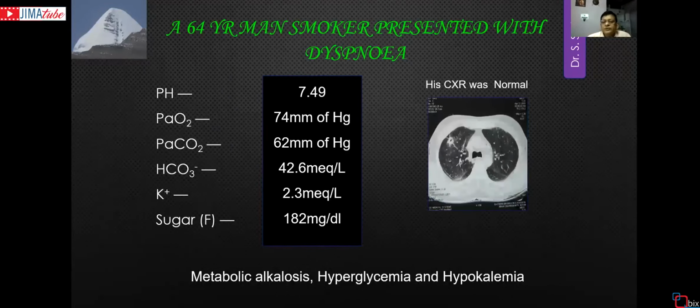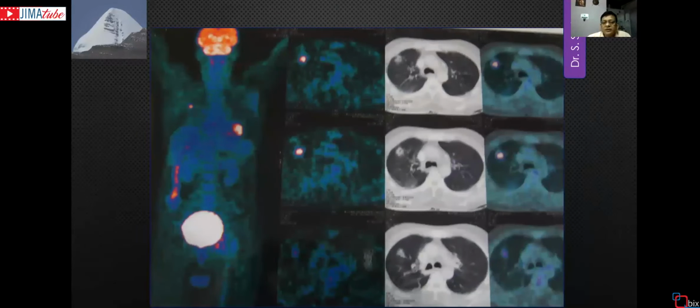His X-ray was normal, but CT shows a nodular lesion in the right upper lobe, and that was PET positive. The CT-guided FNAC was suggestive of small cell lung cancer. So it is a small cell lung cancer with a paraneoplastic syndrome of mineralocorticoid excess.